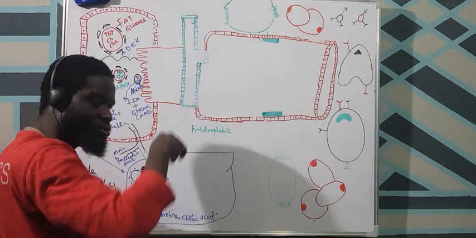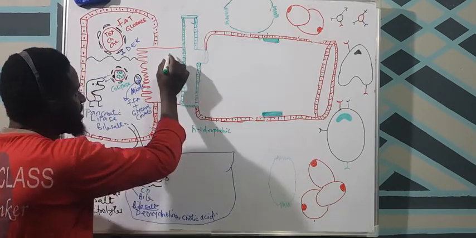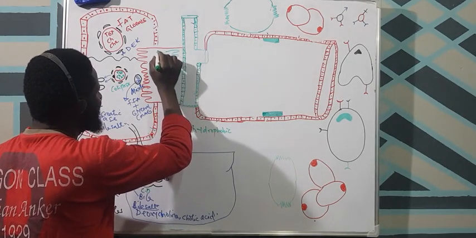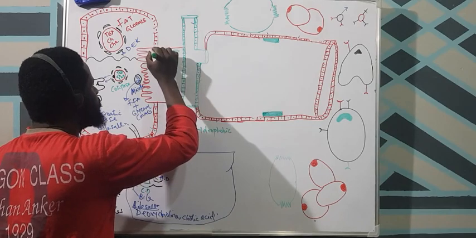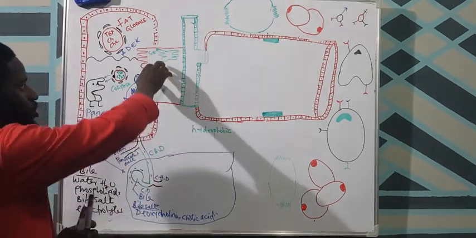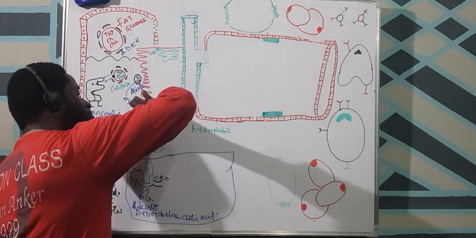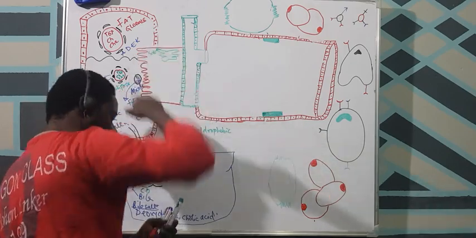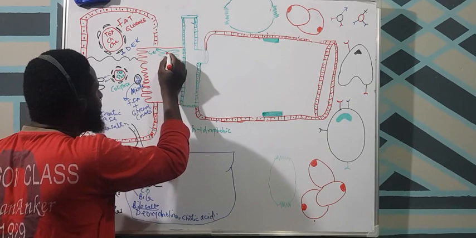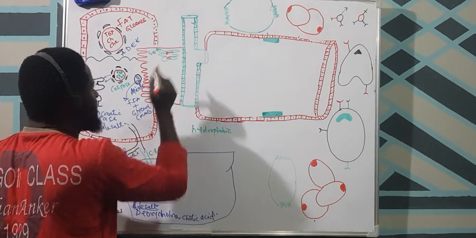Once it's in the enterocyte, there is a special organelle called the smooth endoplasmic reticulum, SER. The function of the smooth endoplasmic reticulum, after the glycerol, monoacylglyceride and free fatty acid are taken in: let's say this is my monoacylglyceride and free fatty acid.